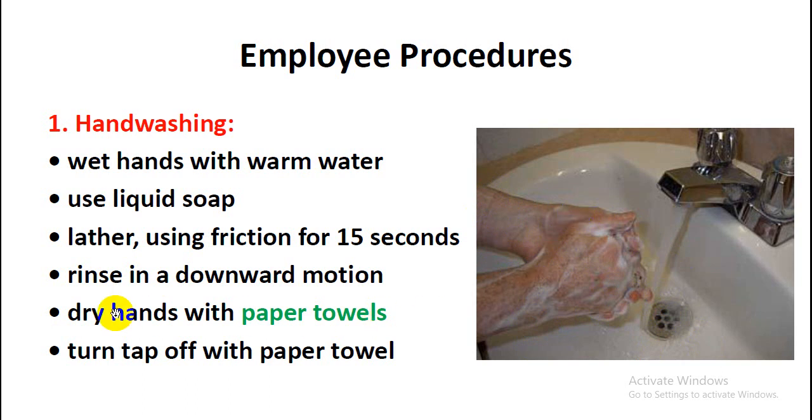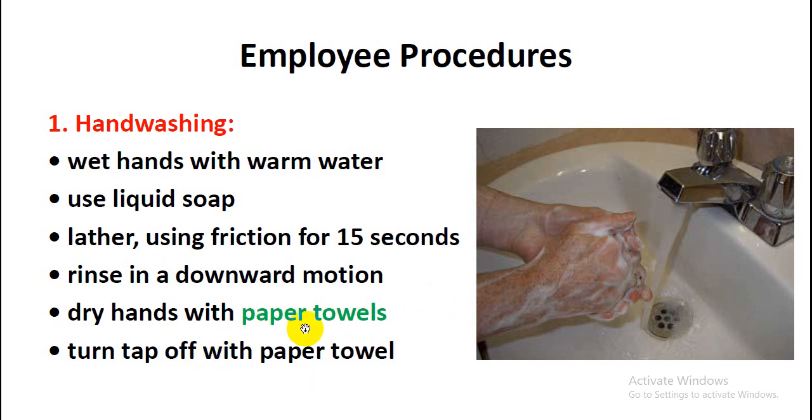After that, we have to dry our hands with paper towels, and this should be once. Some factories have hot air dryers which work on sensors. Put your hands in and it starts removing the water, drying them quickly. This is good.